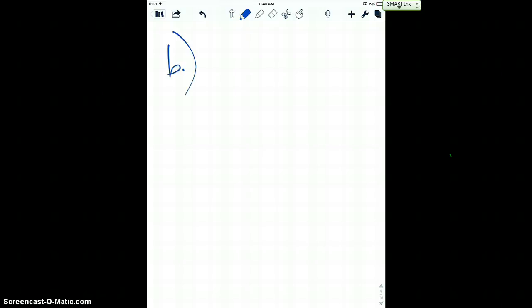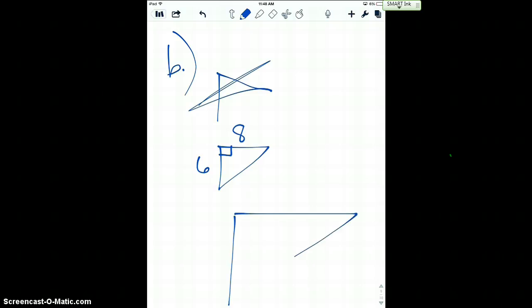You have 2 triangles that are overlapped. So I have one smaller that I drew really badly there. Boom, boom, boom. That's a 6, 8, and 90 degrees. And then my next one is going to be the bigger one in the picture, still 90, with this side now going to be 12 and this side 16.